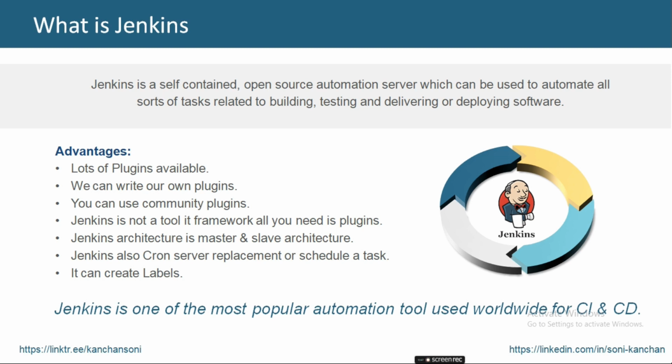So Jenkins is one of the most popular automation tools used worldwide for CI and CD. All the things which we have discussed, we will explore in detail when we do the practical demo.